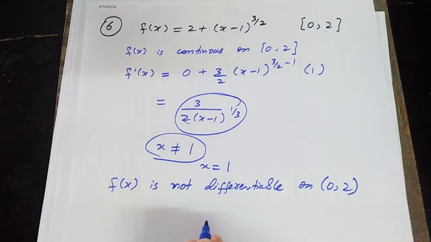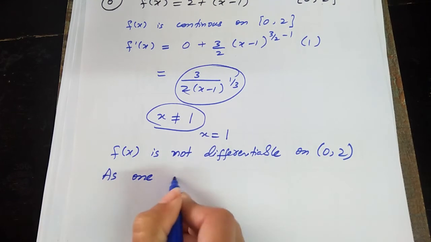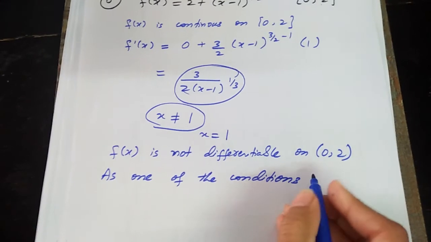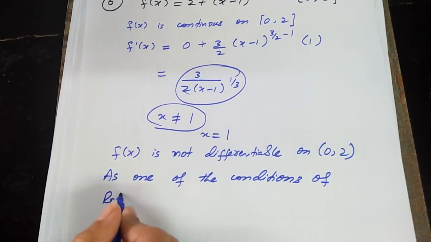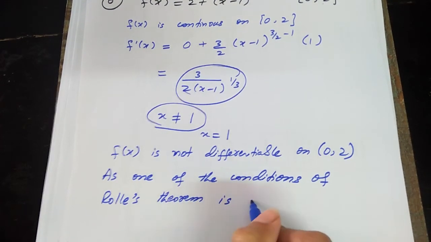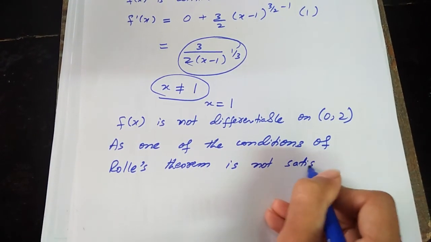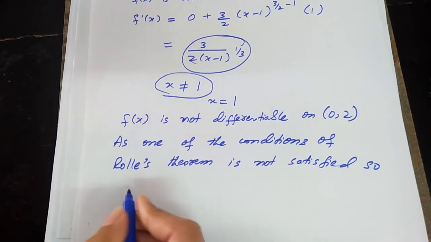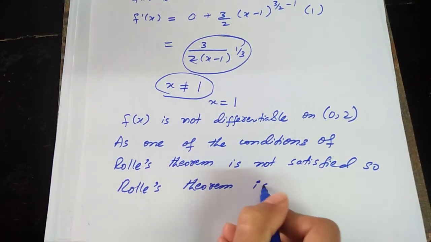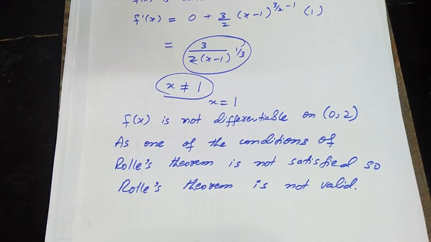So we will not proceed further and we will stop here, and we will say that one of the conditions of Rolle's theorem is not satisfied, so Rolle's theorem is not valid and we cannot find out the value of c.